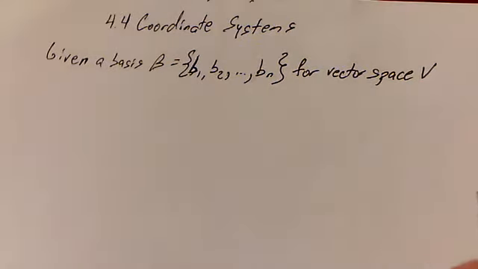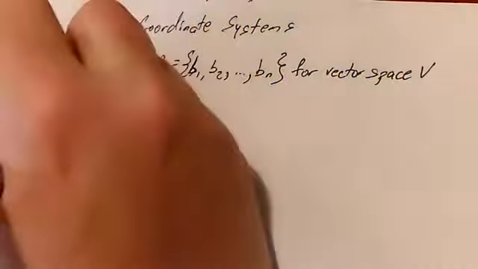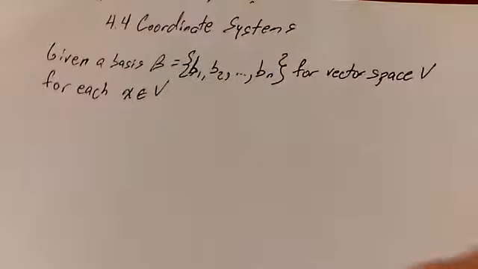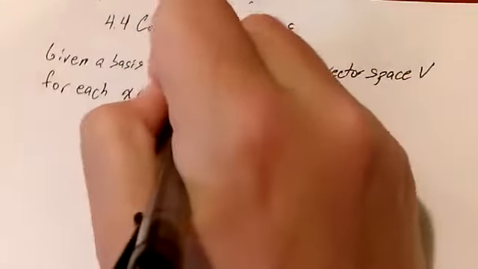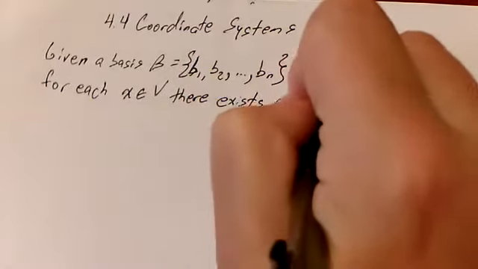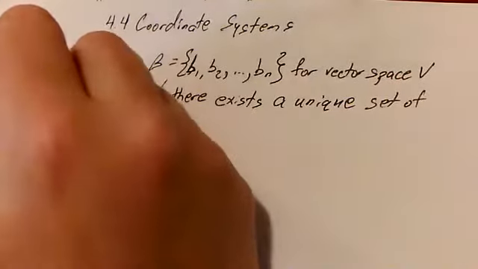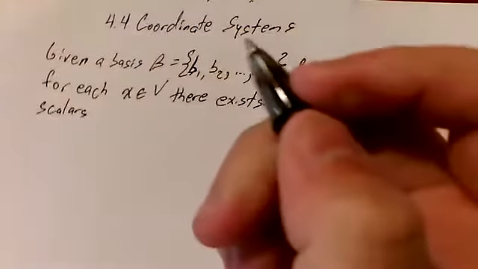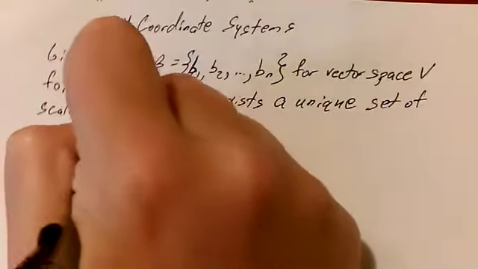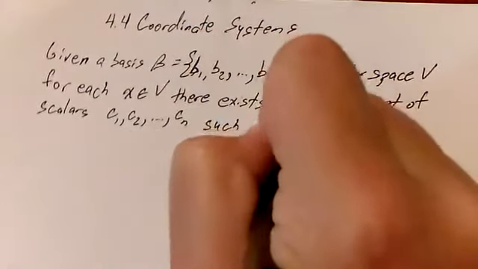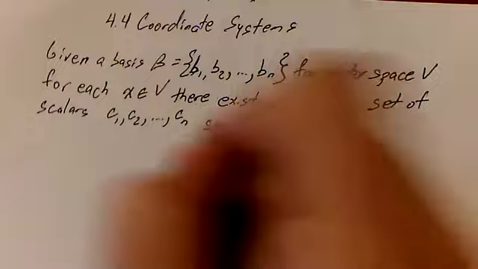Okay, so I have a basis B for a vector space V. For each x that's inside of V, there exists a unique, just one, set of scalars. Remember, scalars are just numbers. Those scalars are going to be C1, C2, all the way through Cn, such that I have just one linear relationship.